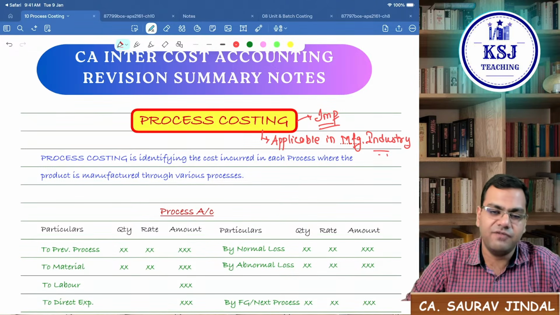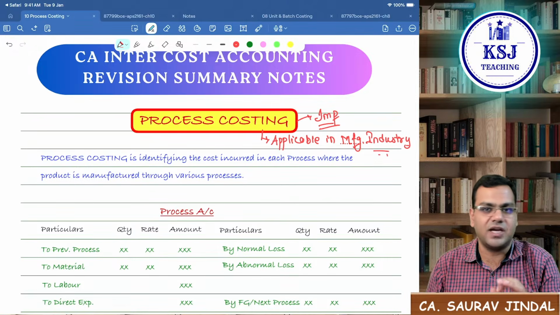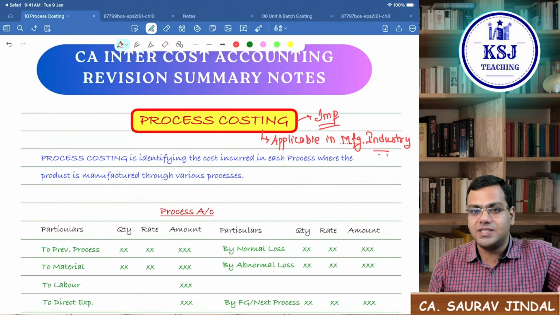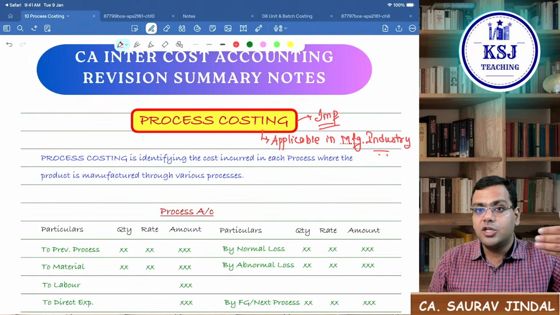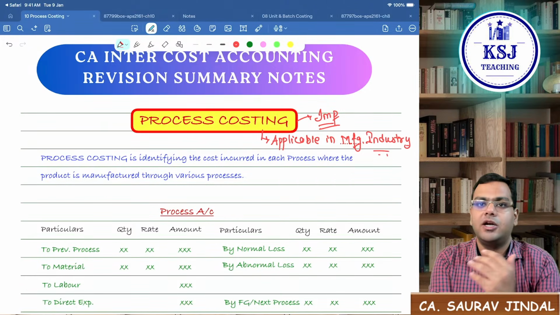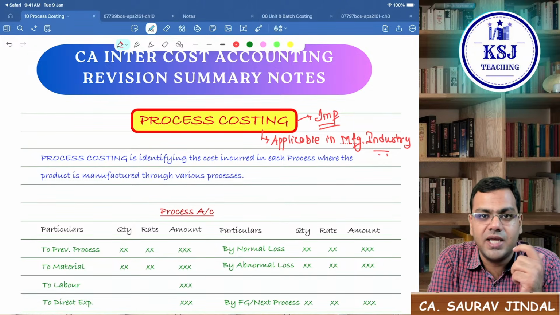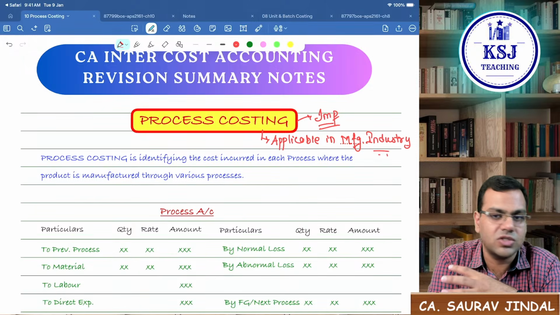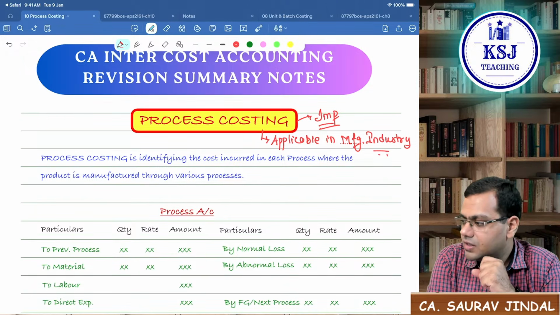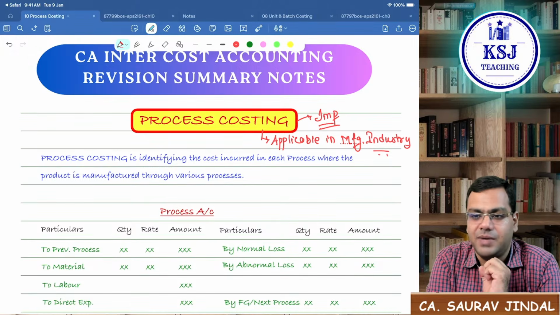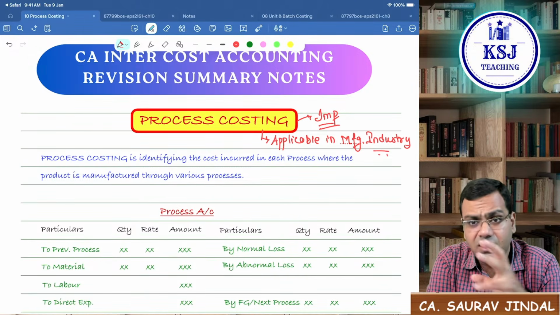For example, if we take a very simple example, if you have to manufacture this shirt, is it only one process? No, sir. There are multiple departments through which this product has to pass before it is completed into a finished product. First, it's a raw material, the cloth. Then you will have a cutting department where the cloth will get cut. Then a tailoring department where it will get tailored.